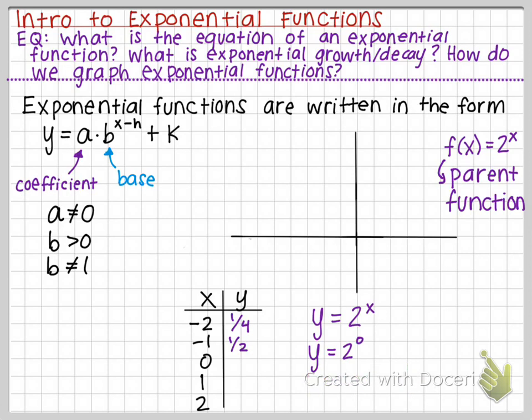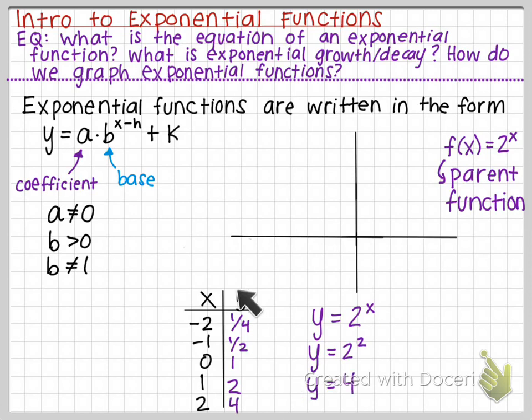When we plugged in 0 for x, any number to the 0 power is always 1. So 0, 1. If we plug in 1, 2 to the 1st power is just 2. And if we plug in 2, 2 squared is 4.